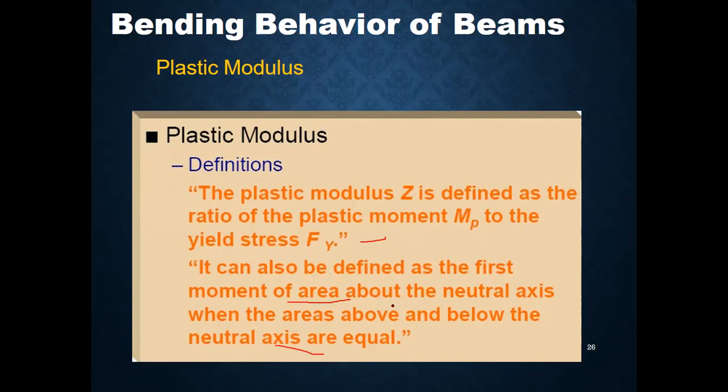And the first moment of area about the neutral axis is basically related to the centroid of the section. So this value of the plastic modulus, which is Z, is equal to Mp, the plastic moment, divided by the yield stress. And this is derived from the definition of the plastic moment.